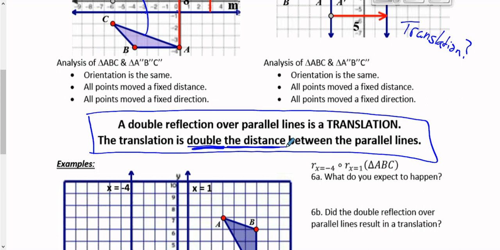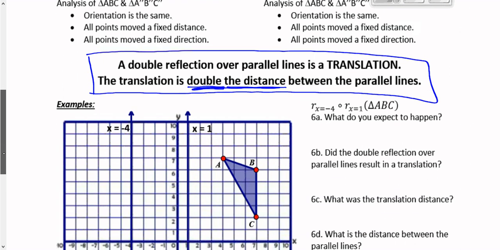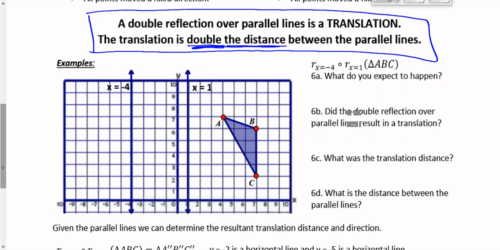So let's take a look at this example down here. So what do they want us to do? Right here with that triangle. First, what gets done first? Reflection in x equals 1. Okay? And then reflection in x equals -4. So what do we expect will happen based on what happened before? Okay, yeah, so orientation will be the same, but where do we expect the triangle to end up?